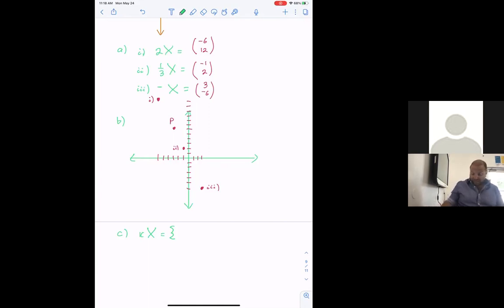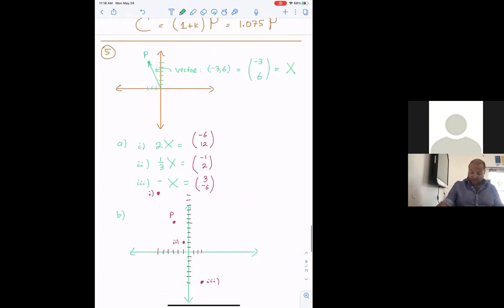So kx is the collection, this is my conjecture, the collection of points on the line that passes through the origin and x, or I guess point P. Point P is maybe better.